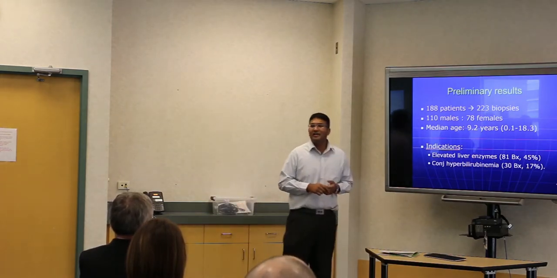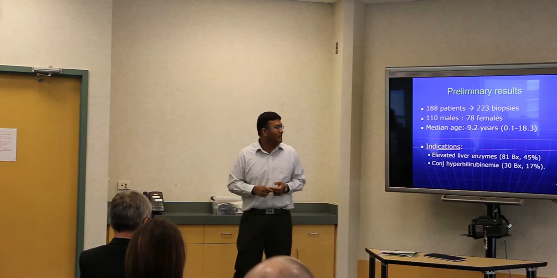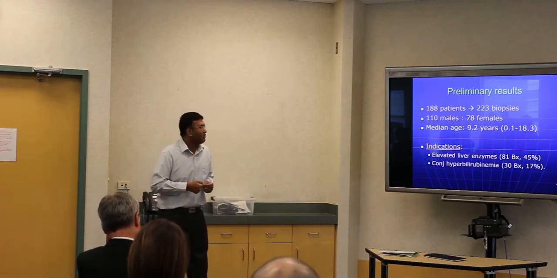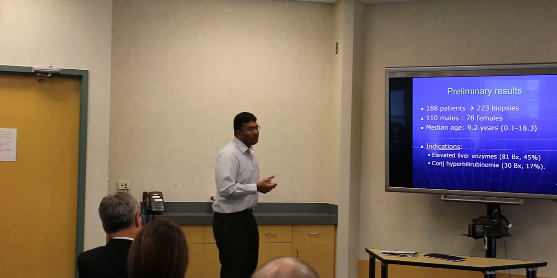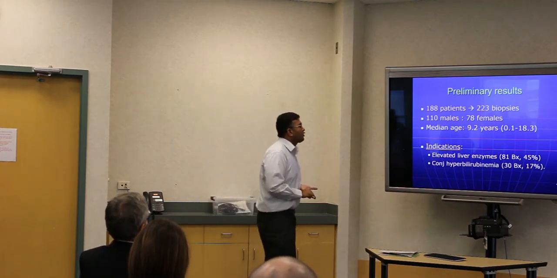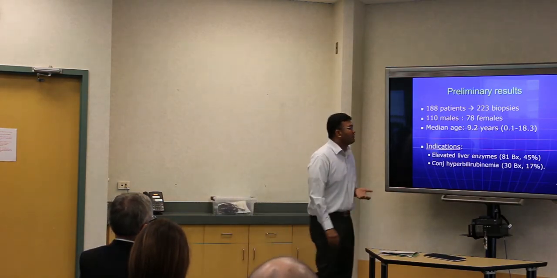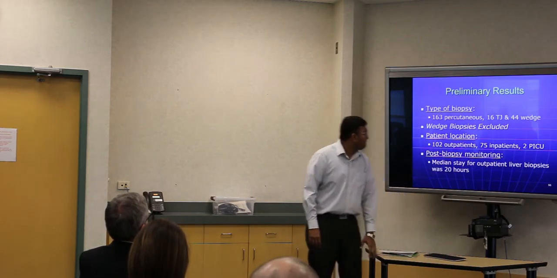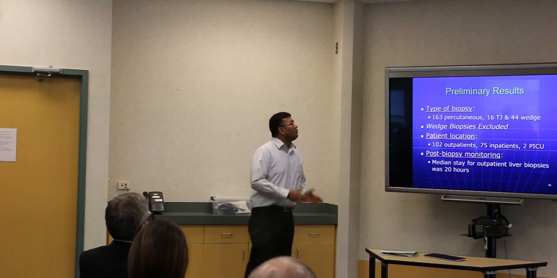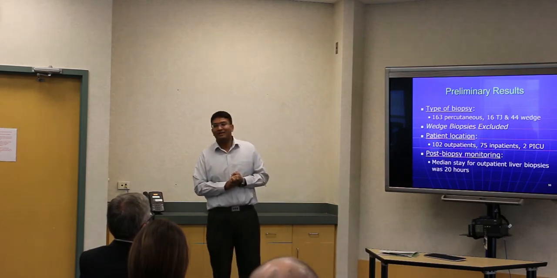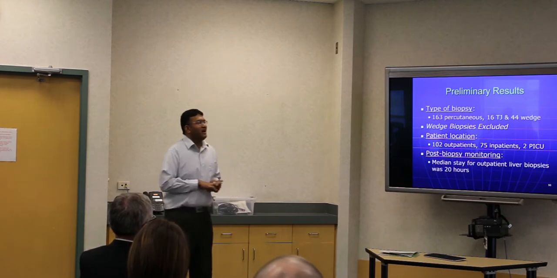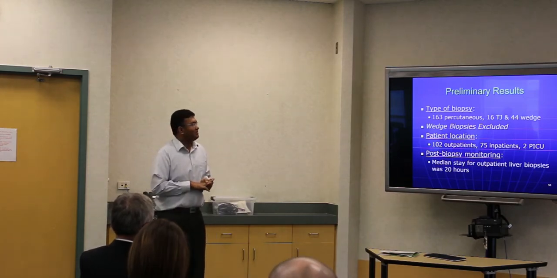The most common indications we found were elevated liver enzymes, which was approximately 45% of the patients, around 81 biopsies. The other most common reason was conjugated hyperbilirubinemia, which was seen in 30 biopsies. We found that 163 were percutaneous biopsies, 16 were transjugular, and 44 were wedge biopsies.